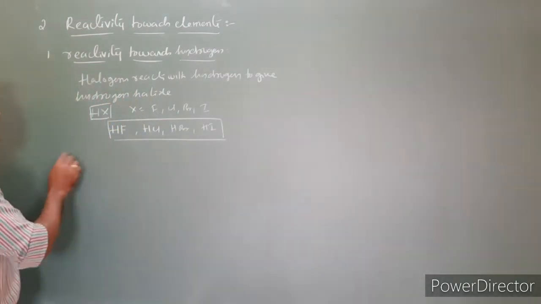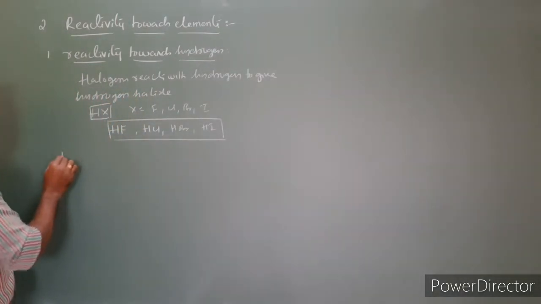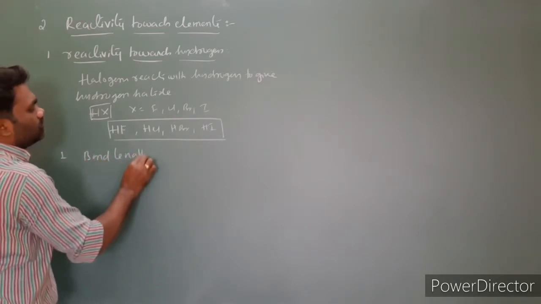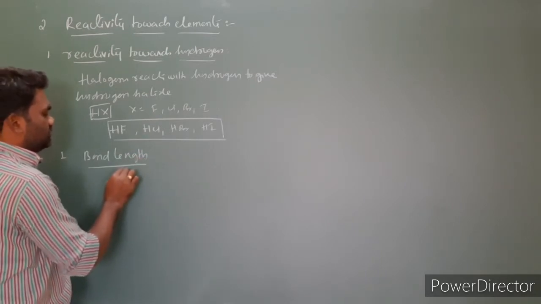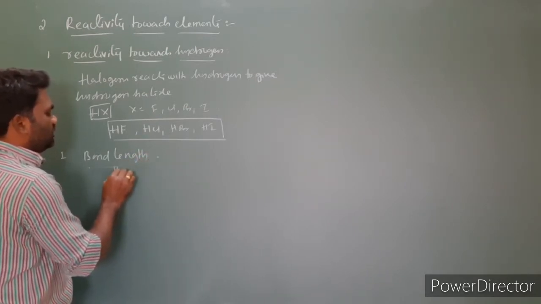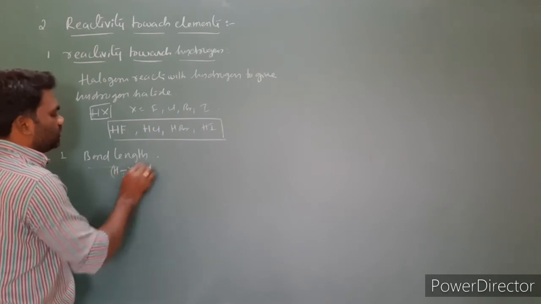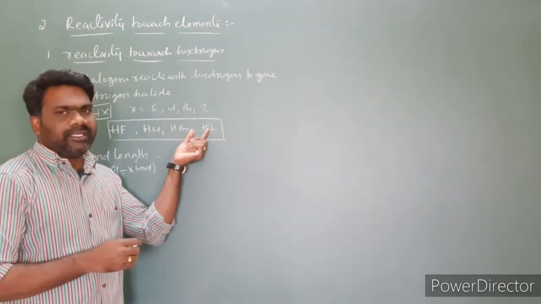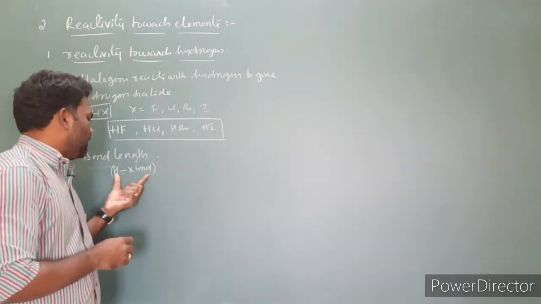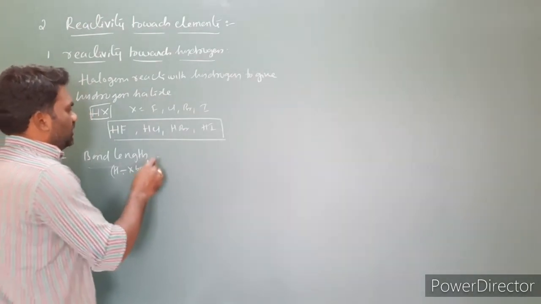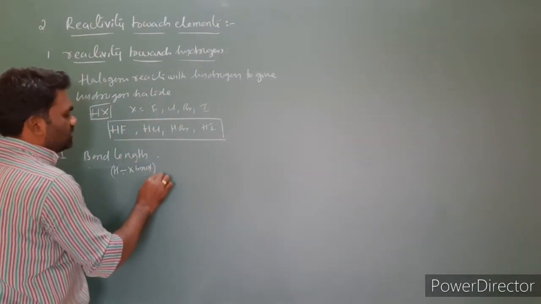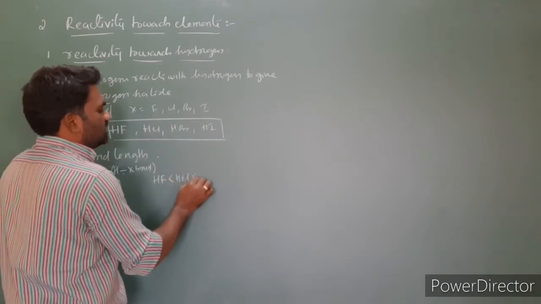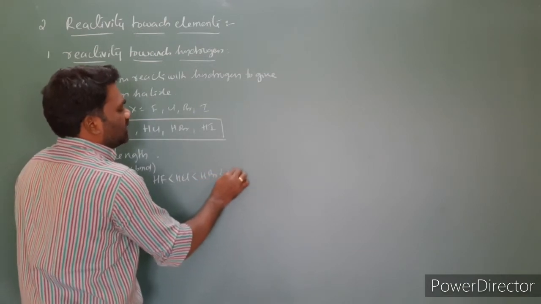Now let us look at some properties of these hydrogen halides. The first one is the bond length of HX. While moving from top to bottom, the size of the atom increases. As a result, the HX bond length increases. Then what we can expect is HF is less than HCl is less than HBr is less than HI.